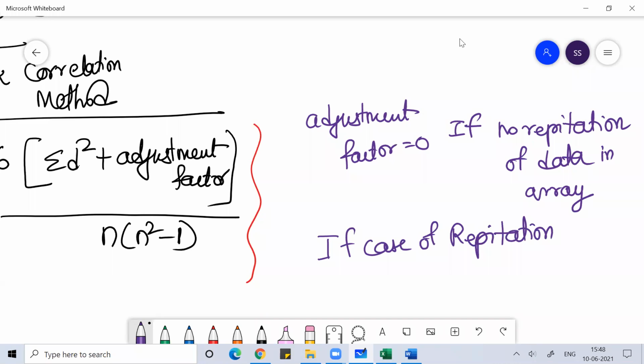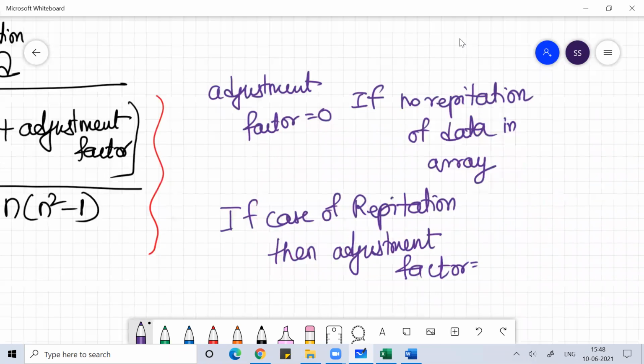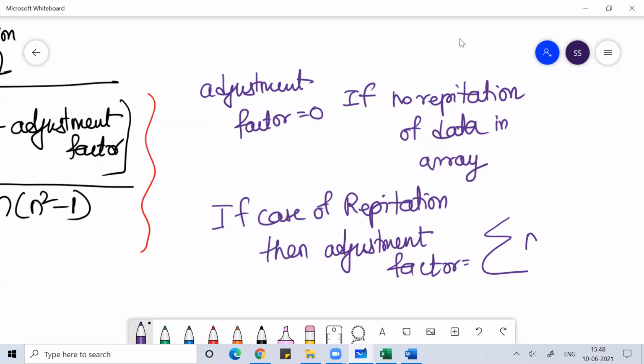In case of repetition, your adjustment factor is equal to the sum of m into m square minus 1, divided by 12.